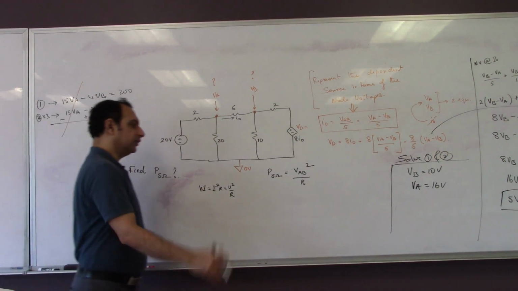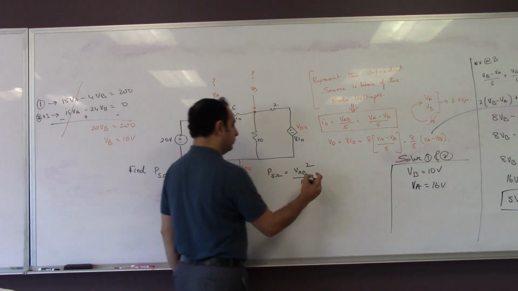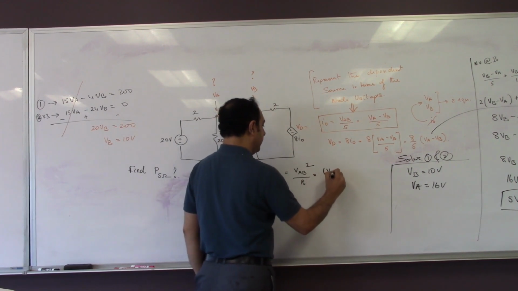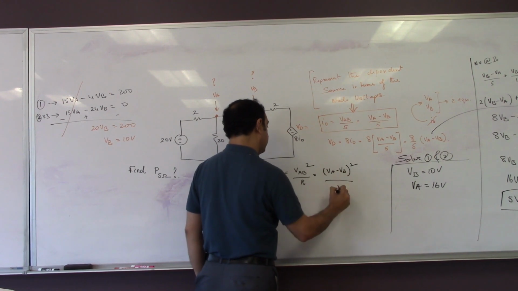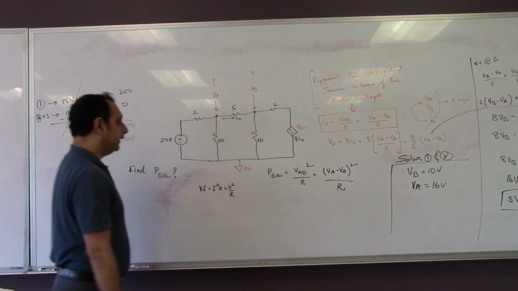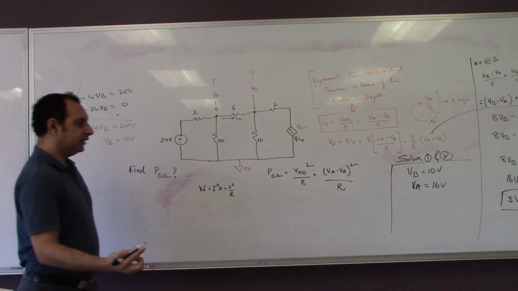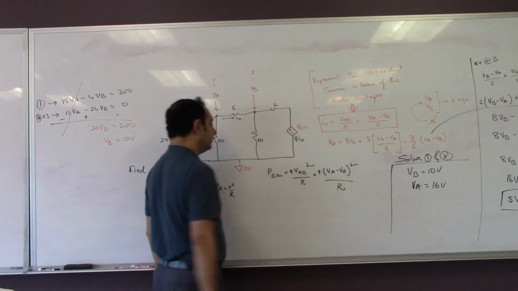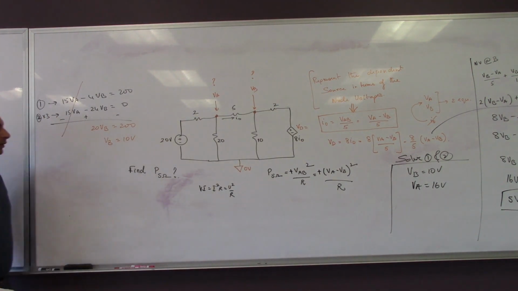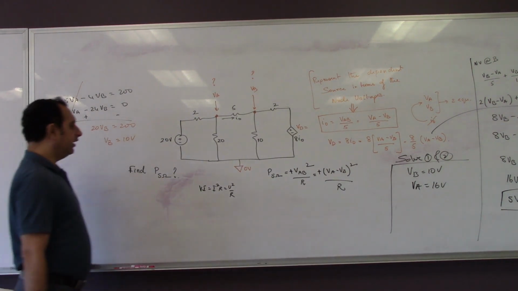Okay, let's try this one, which is simpler. So this is nothing but VA minus VB, because VAB is VA minus VB, divided by R. Obviously, because it's a resistor, it always absorbs power, so we'll put a plus sign. We know A and B values.